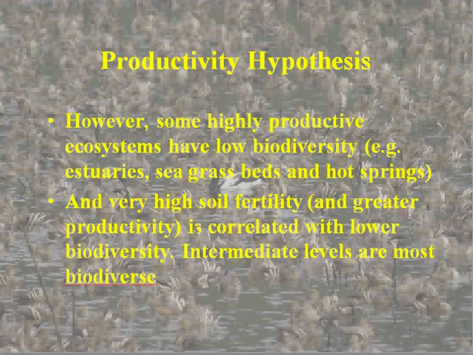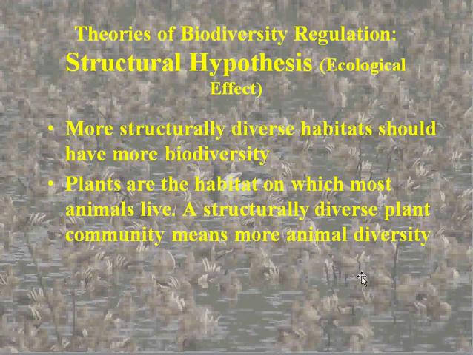All right, let's move on to our next theory of biodiversity regulation. This one says that a more structurally diverse habitat will tend to have more biodiversity. Okay? And basically the reason behind this is that a more structurally diverse habitat would tend to have many more niches than a simple habitat.